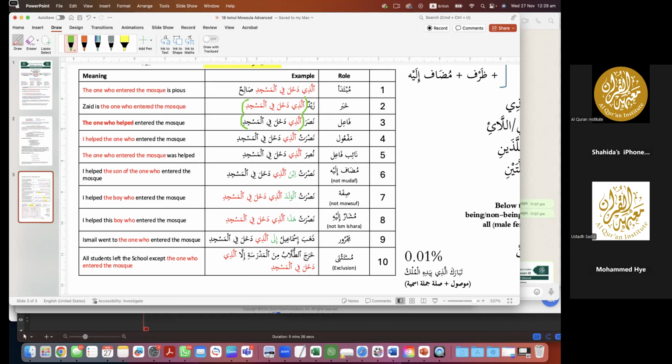Then ibn alladhi, you know what that means? His son, the one whose son. This is mudaf ilayhi. This is mudaf, Ibna, the son of the one who went to the mosque. I help the son of the one who went to the mosque. Mudaf ilayhi is alladhi.